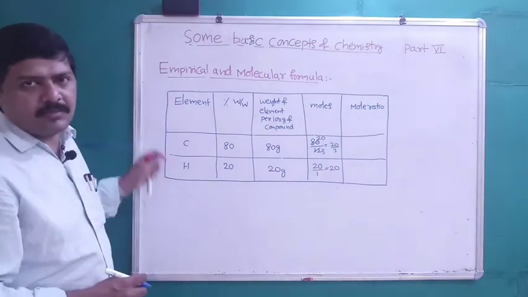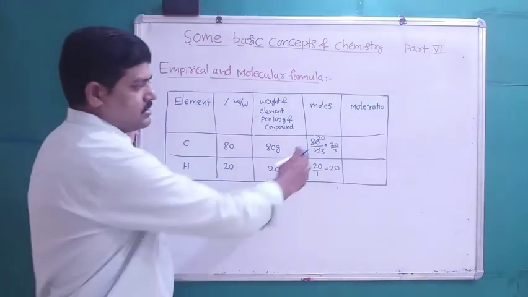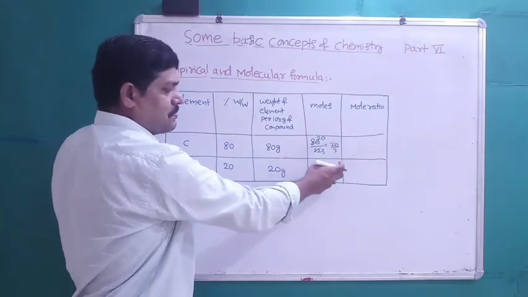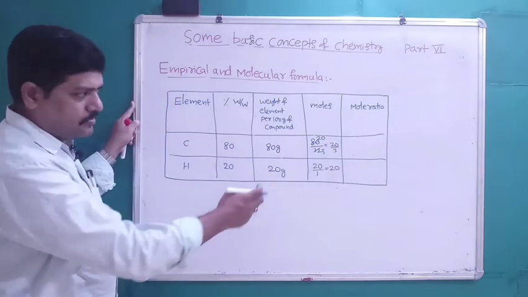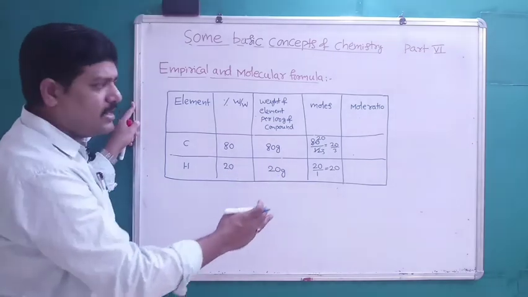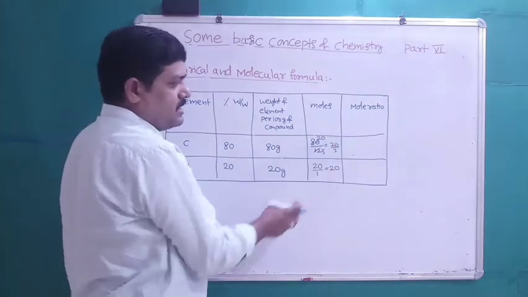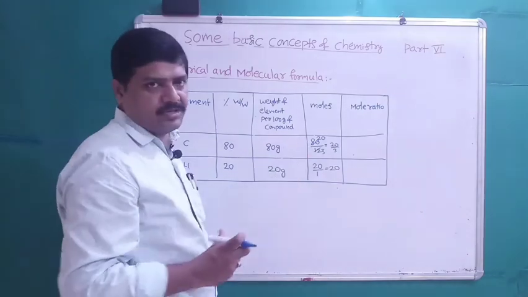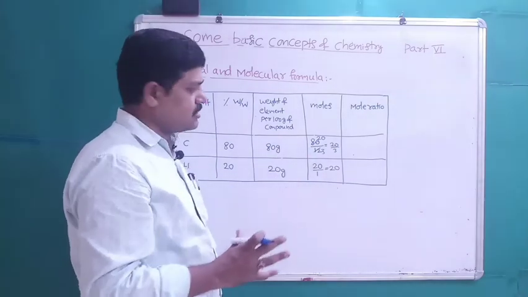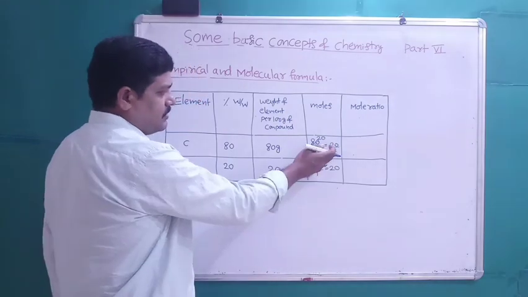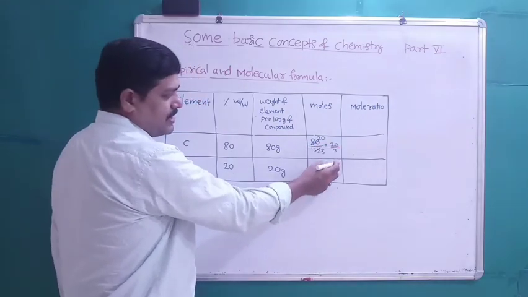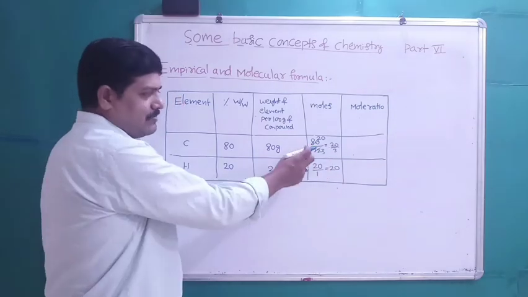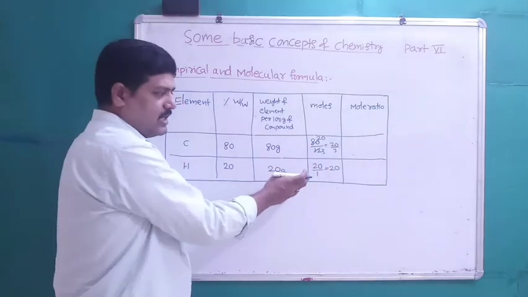Then to find the mole ratio, we have to divide the moles by the smallest value. If there are 3 elements also, all the moles should be divided by the smallest value, so that we get the mole ratio of atoms. Here for carbon 20 divided by 3, for hydrogen 20. Which one is smaller? 20 by 3 is smaller than 20, right?